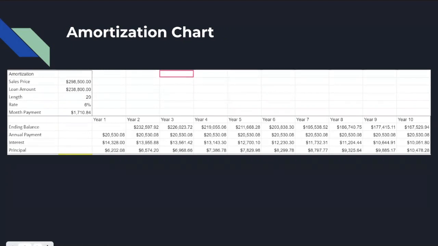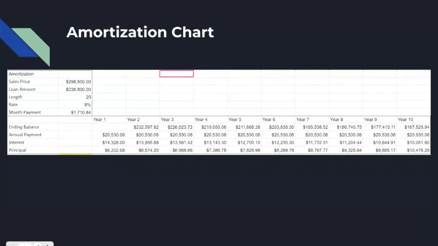We also assumed a length of 20 years with a 6% interest rate. Both of those were assumptions based on industry average and our personal knowledge that we've accumulated over the course of our degrees. And you can see all the way through year 10 the ending balance and each one of those payments.